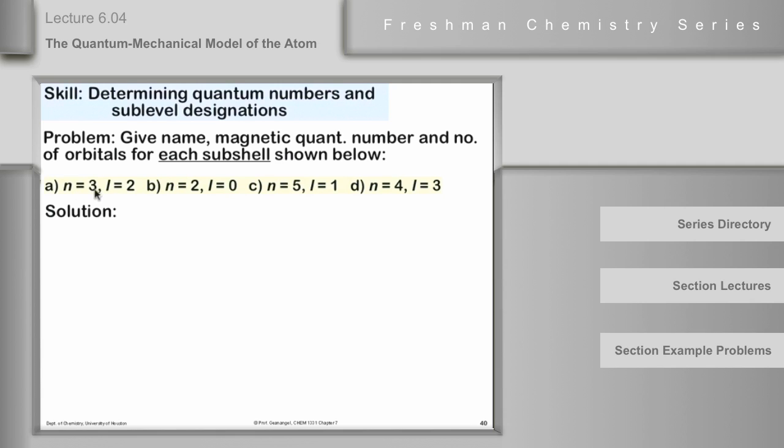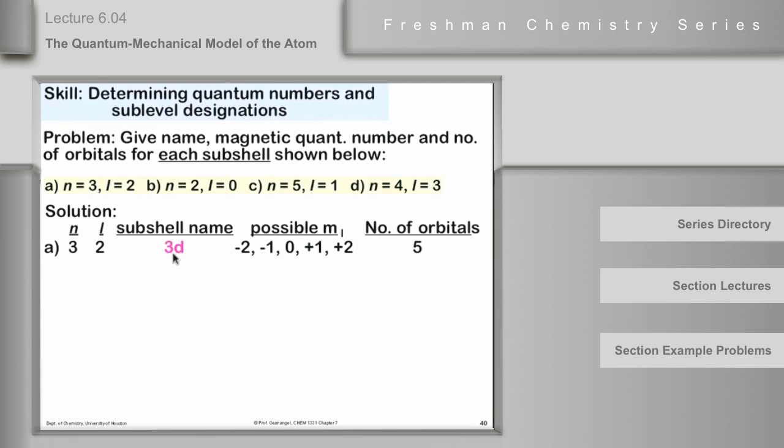For example, when n is equal to 3 and l is equal to 2, we have the 3d subshell. l equal to 2 means d. The possible m sub l values, if l is equal to 2, are negative 2, negative 1, 0, positive 1, positive 2. That's 5 values and 5 orbitals.